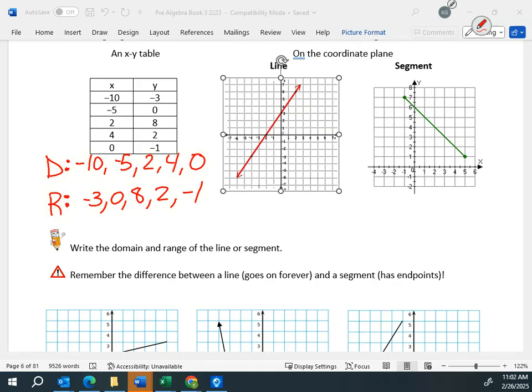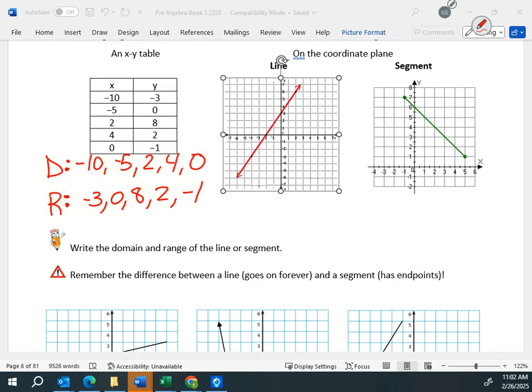A line. A line goes on forever. So we have those arrows to show that our graph is only a small portion of that coordinate plane. It goes on and on and on. So if we have those arrows to show it's a line, we know it's going to keep going and keep going. What do we call this?